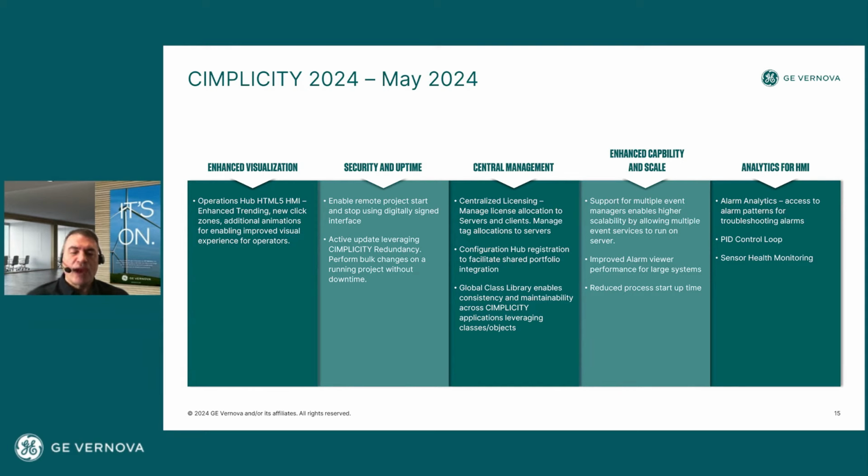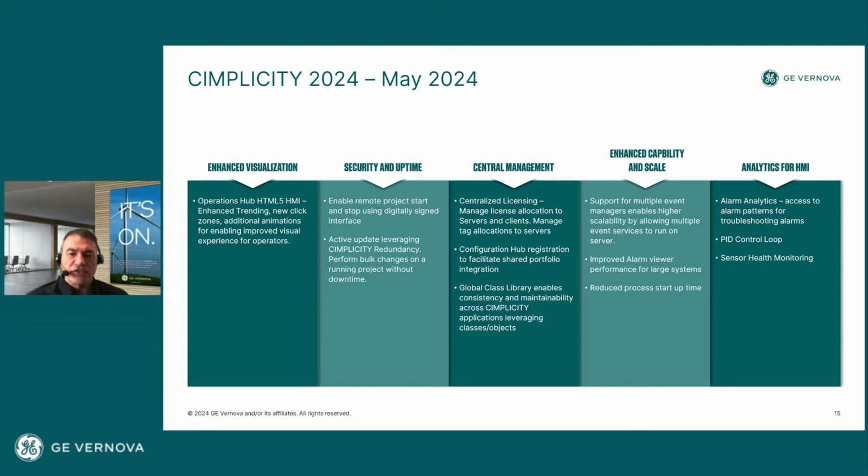If you have larger applications with a lot of events with scripts that run, we now allow you to have multiple event managers. Meaning rather than everything being in one process, you can enable multiple processes to increase that scale as you start getting into those larger applications. This provides horizontal scalability and handles big, complex applications with lots of decisions in them, like some of the large automotive applications, as an example.